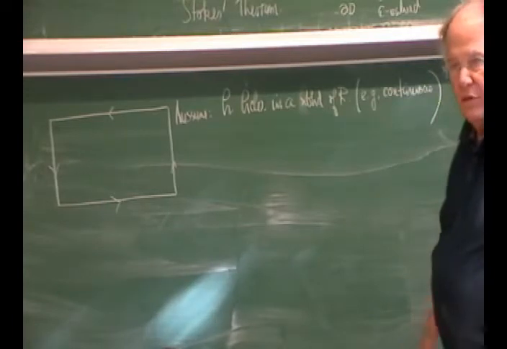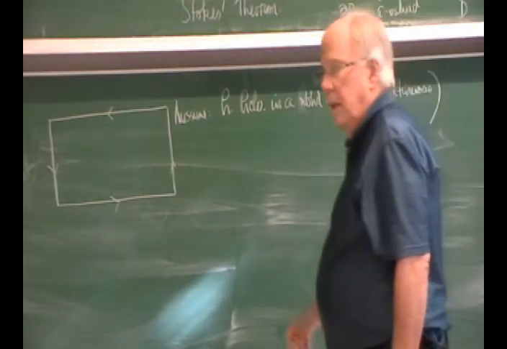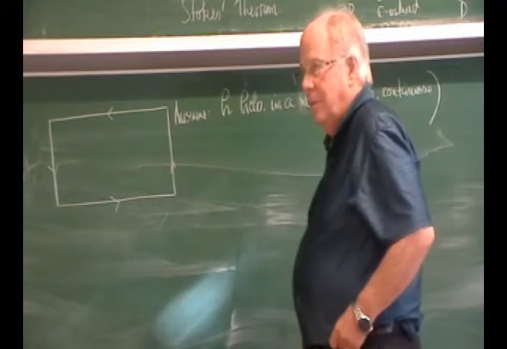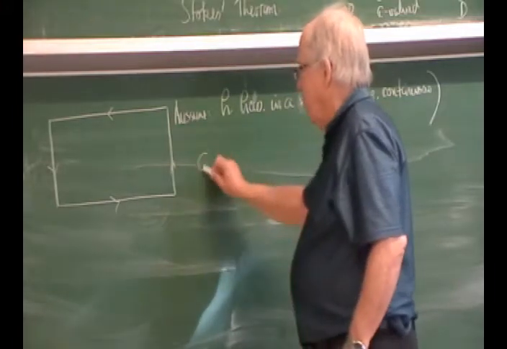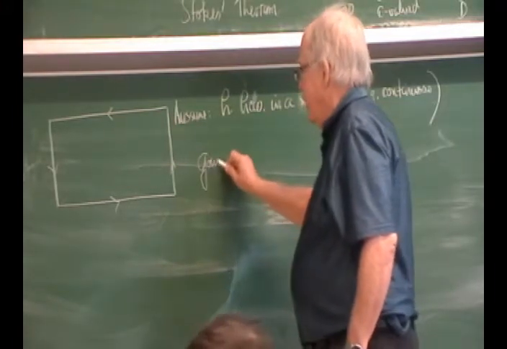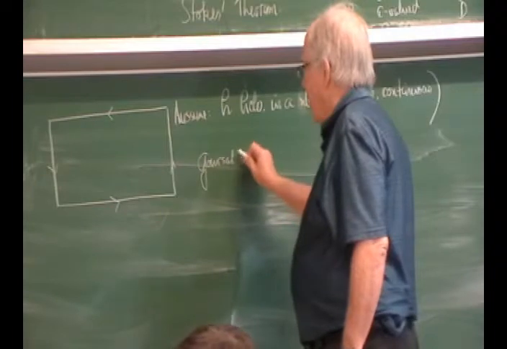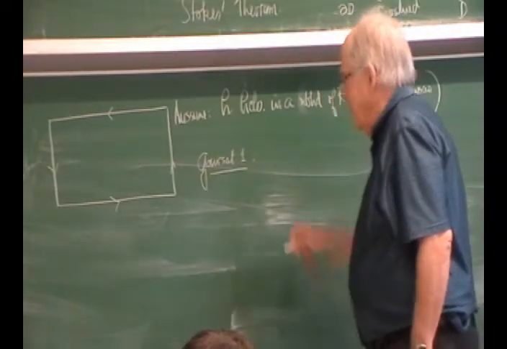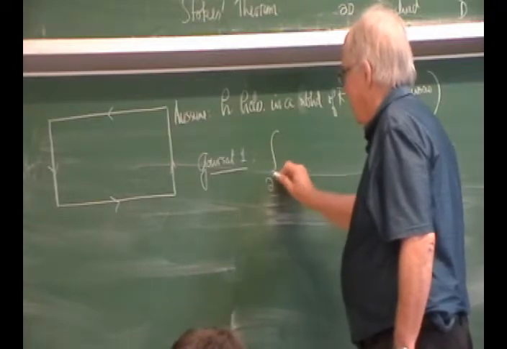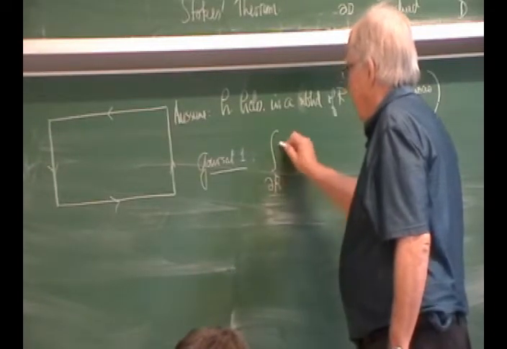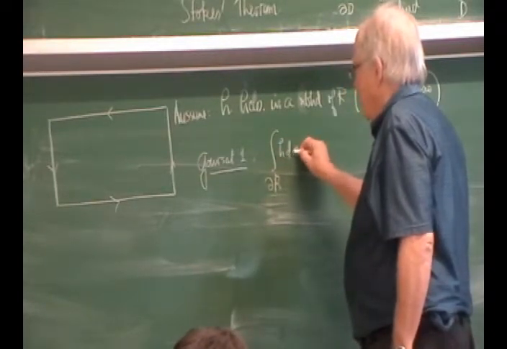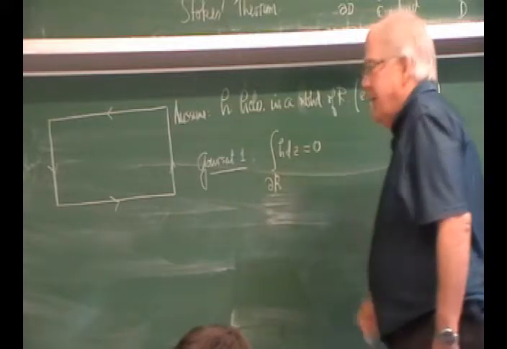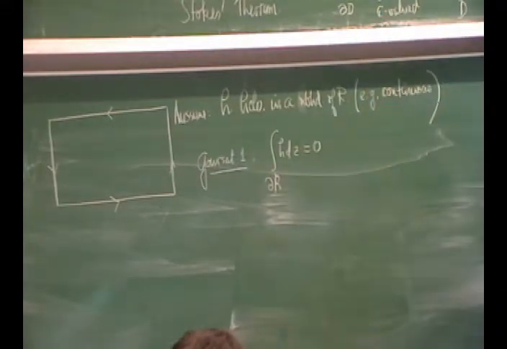Holomorphic is continuous, we know that. And Goursat's theorem, let me call this Goursat 1, proves the integral around the boundary of R of H dz is 0. So his idea was to prove the Cauchy integral theorem for one specific boundary and use that fact.